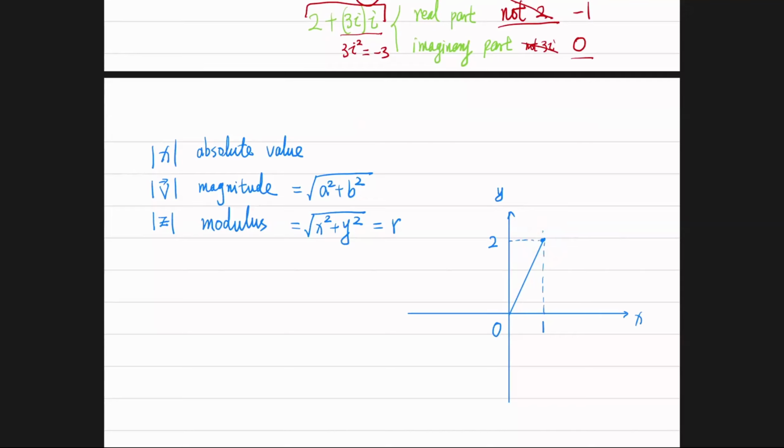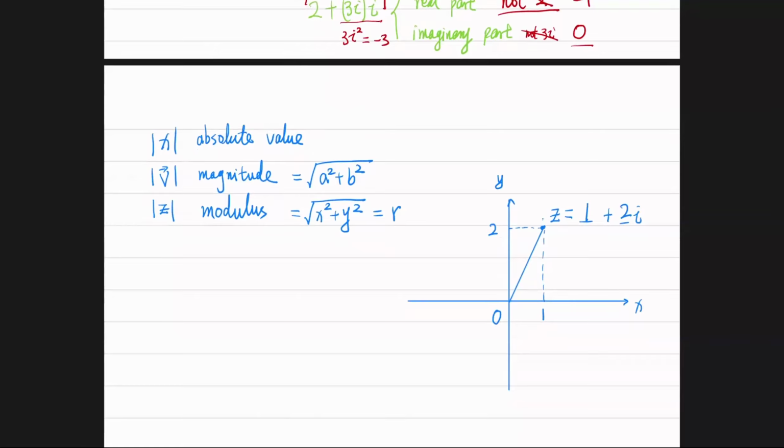The complex number z equals 1 plus 2i, sorry, wrong way. That makes sense now, because it's x, y. Then the modulus would be 1 squared plus 2 squared, which is the square root of 5. You could just say root 5, but I guess that works. Root 5. Oh, it's supposed to be x squared plus y squared equals r squared.